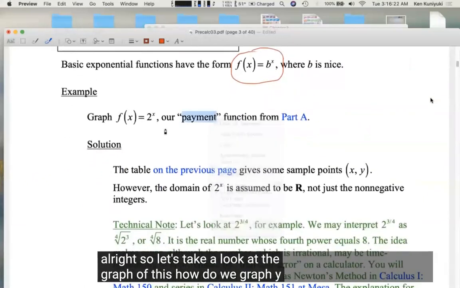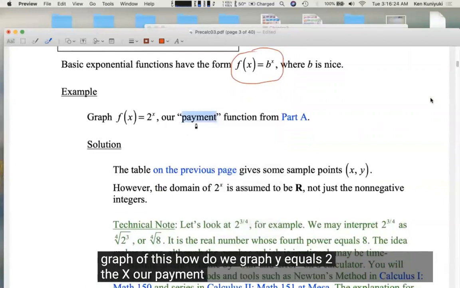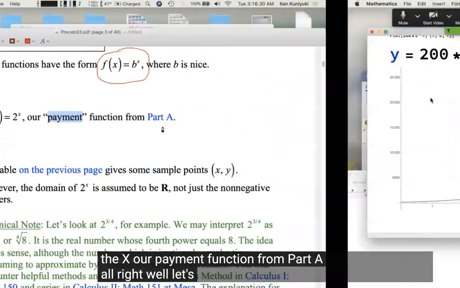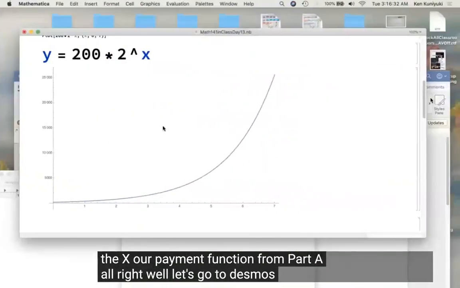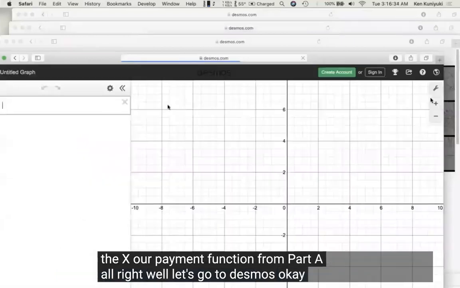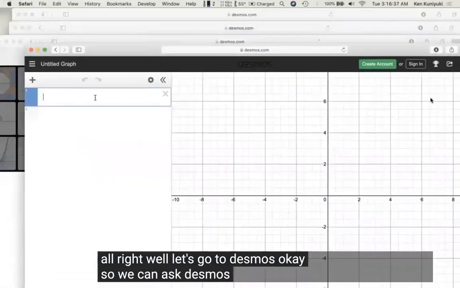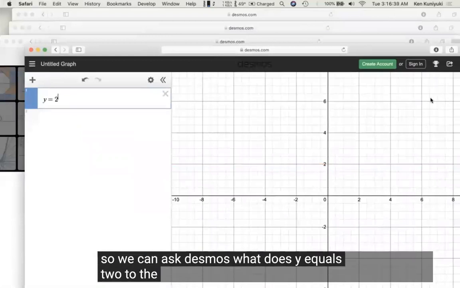How do we graph y equals 2 to the x, our payment function from part A? All right, let's go to Desmos. Okay, so we can ask Desmos, what does y equals 2 to the x look like?